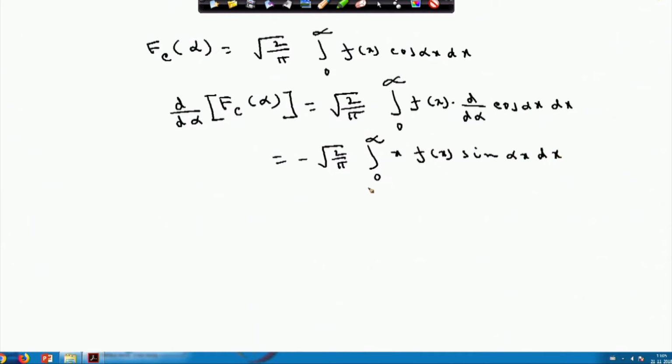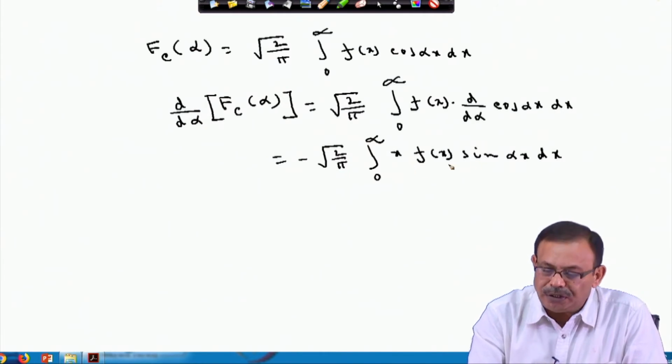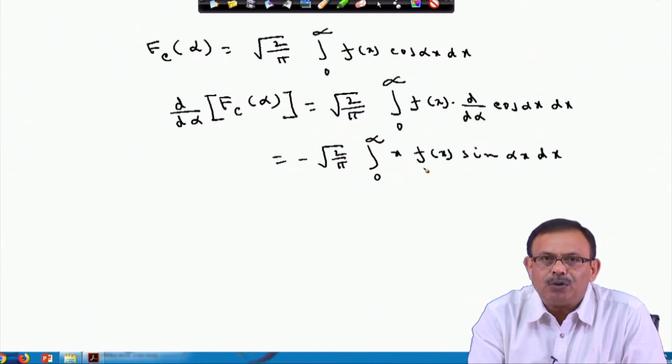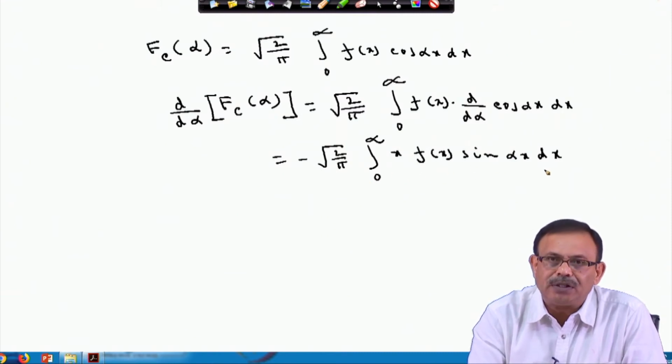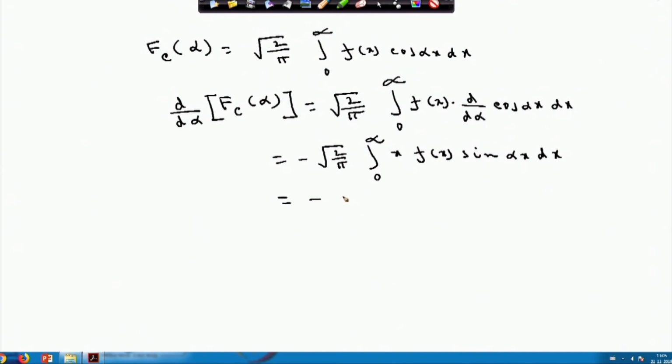And what is this integral? It is nothing but the Fourier sine transform of x f(x): root over 2 by pi, integral 0 to infinity x f(x) sin(alpha x) dx. So we can write it as minus the Fourier sine transform of x f(x).